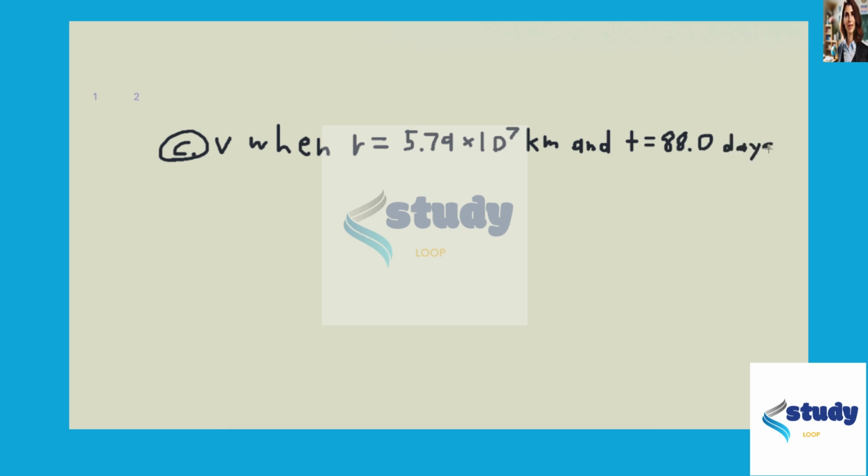So I'm going to find v with those conditions. And then D is asking, what is the radial acceleration when r and the period are these values?